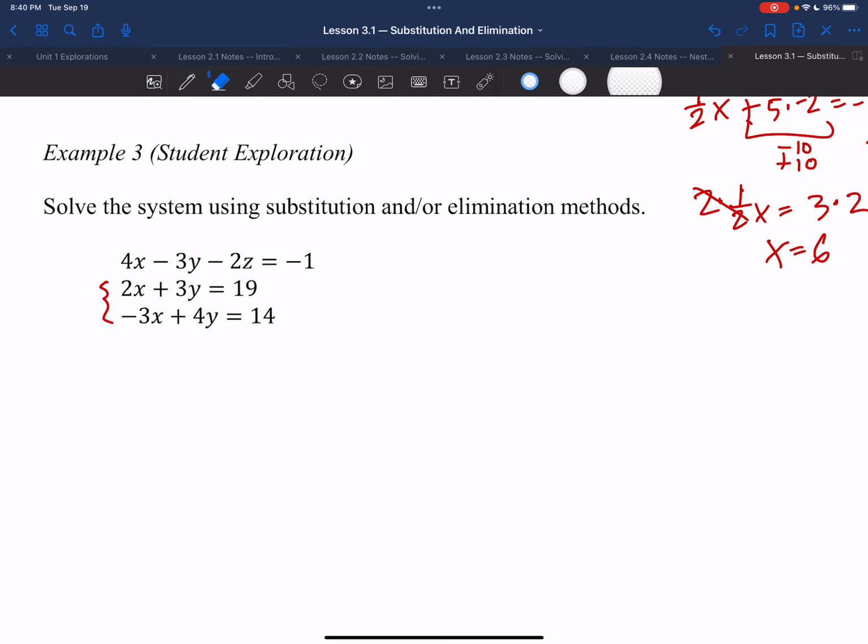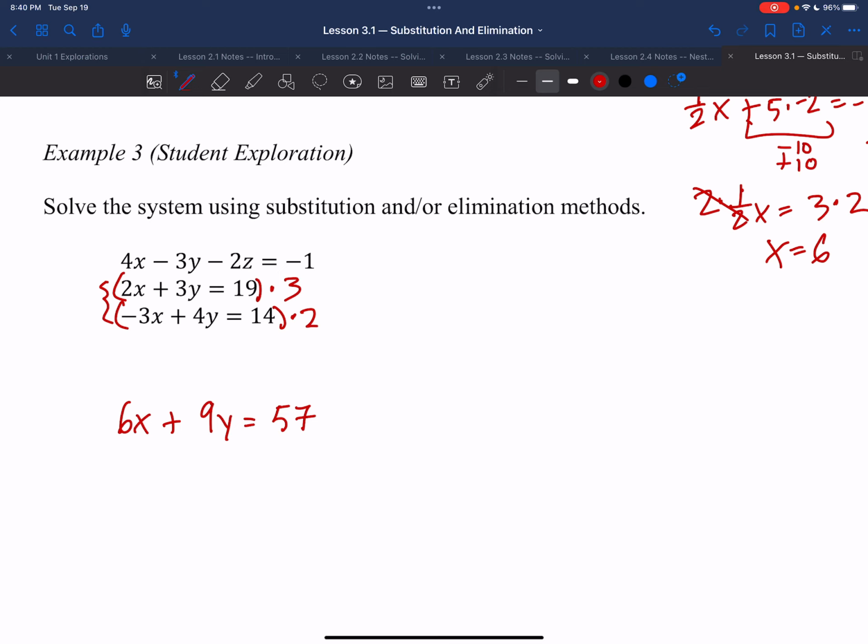So that's the approach I'm going to choose. I'm going to take the middle equation and multiply by 3, and the bottom equation and multiply by 2. So let's do the middle equation first. 2x times 3 is 6x, plus 3y times 3 is 9y. 19 times 3 is simply 3 less than 20 times 3, so that would be 57.